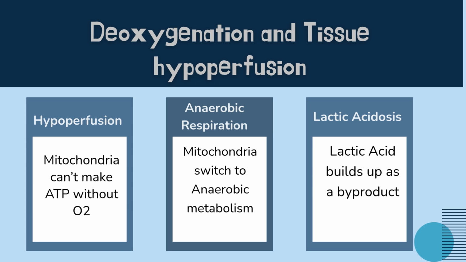So on top of the poor delivery of oxygen, the mitochondria, which is our beautiful ATP producing unit that is oxygen dependent, can't make this ATP efficiently without it. So we go into anaerobic respiration and anaerobic metabolism. And when the mitochondria goes into this anaerobic process, the tissues not only starve because of lack of oxygenation, but we have lactate build up as a byproduct, and we get into lactic acidosis.